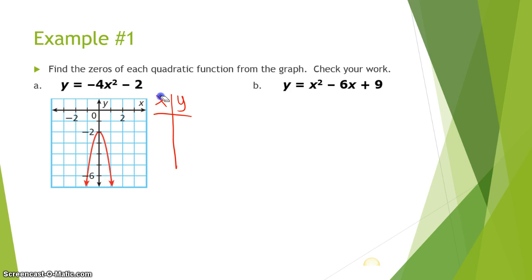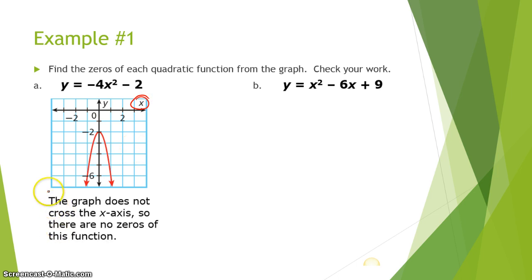So you don't even need to worry about creating the XY table. What you need to find in this graph is if your parabola crosses the x-axis anywhere. And you'll notice that it does not, so therefore there are no zeros of this function. And this would be your answer here for a.